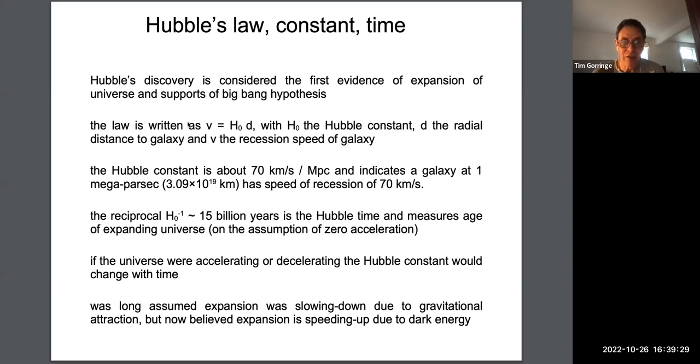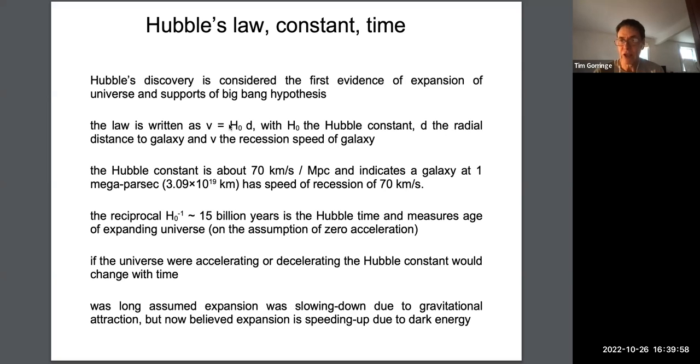Hubble's law is also often written in this little fashion here. So in this little linear equation here, d is the distance to the galaxy, v is the recession speed of the galaxy, so they're proportional to one another, and the proportionality constant is the uppercase H here, the Hubble constant.